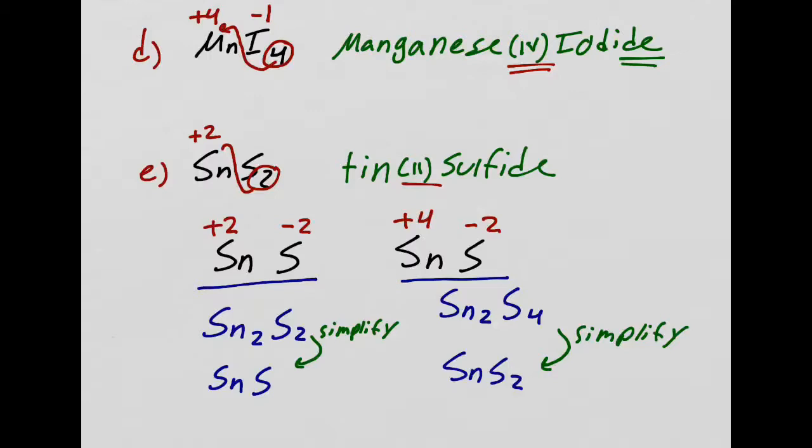Which tin do I have here? I have tin-4. So I have tin-4 sulfide. Again, like I said, this is as hard as naming can get. So whenever you have tin and lead, be very careful, because tin and lead could be +2 and +4, and sometimes +2 and +4 are very easy to simplify, right? So be careful about that. So far, so good. All right, beautiful.